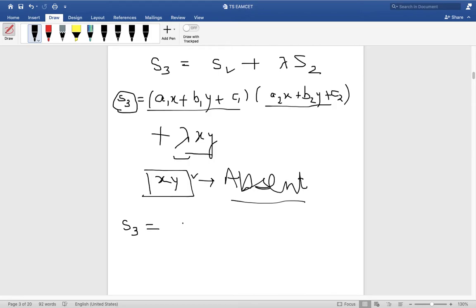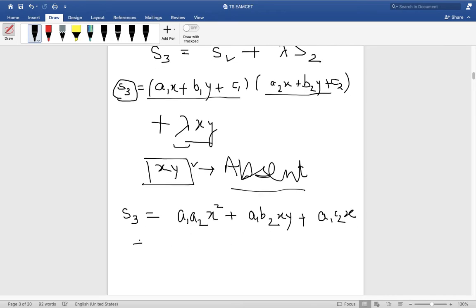So I will get a1 a2 x square plus a1 b2 xy plus a1 c2 x.